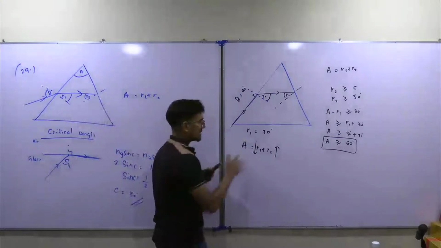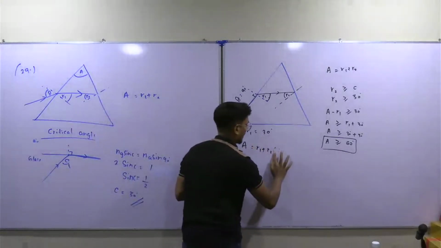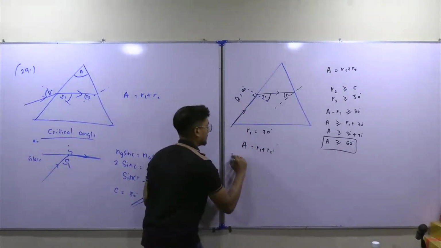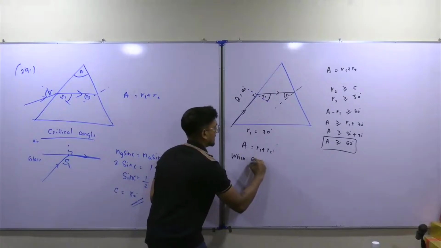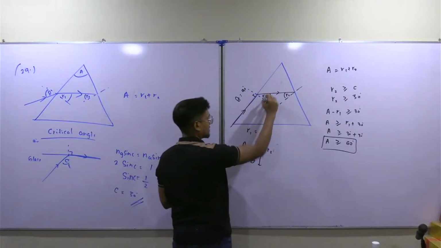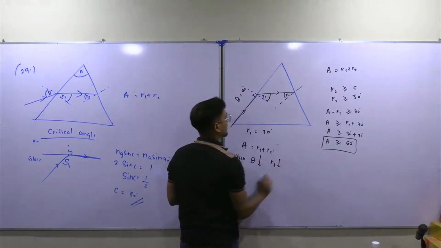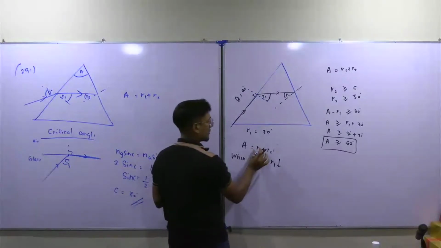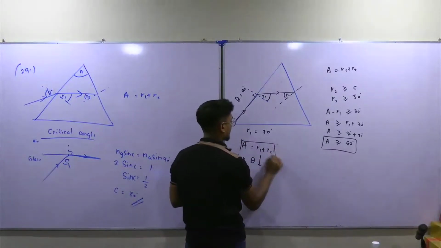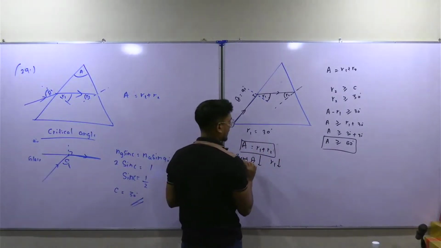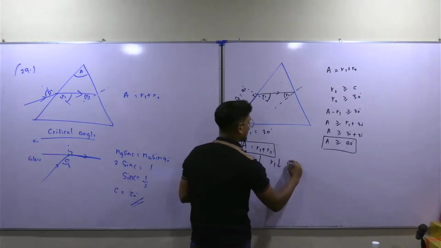So what happens is, when theta decreases, R1 will also decrease according to Snell's law. According to this equation, when R1 decreases, this R2 will increase.